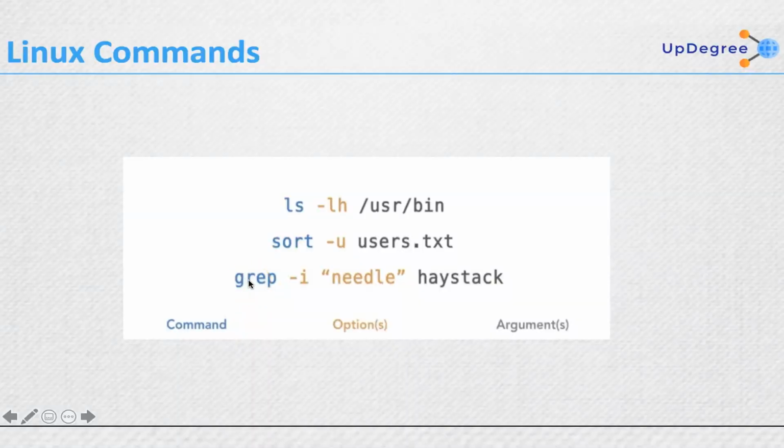And then finally we have another command, which is grep -i needle haystack. What exactly does grep do? grep is a kind of find command. We are going to talk about grep in a later session, but here is just to show you that you don't need to worry about what exactly this command does, because later we're going to see grep. So grep is the command, the option is -i, and the text that I want to find is needle within a file called haystack.